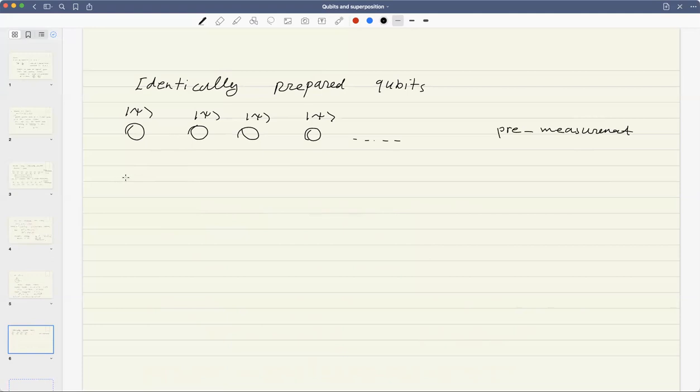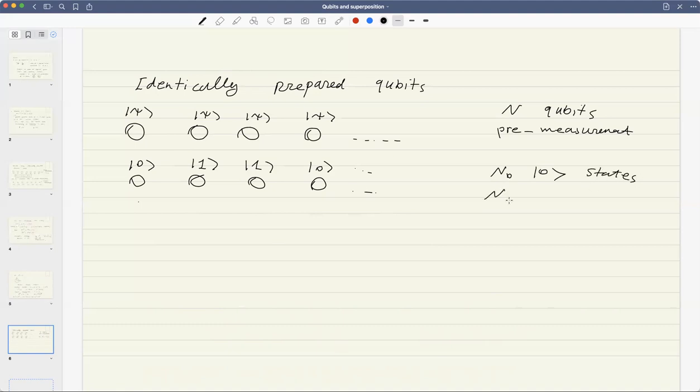And let's say I have n qubits. Post-measurement, again, some of them become zeros, some of them become ones. So suppose I have n0 0 states and n1 1 states post-measurement.